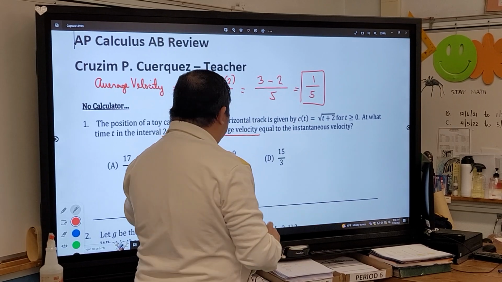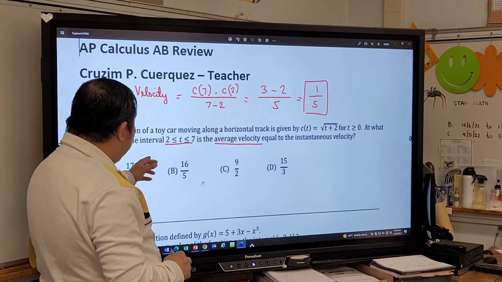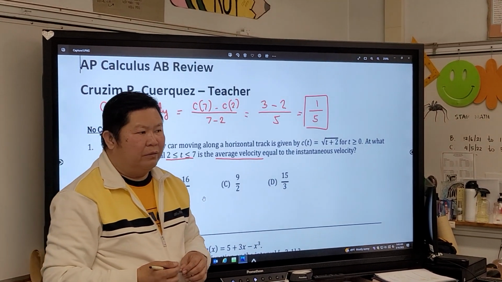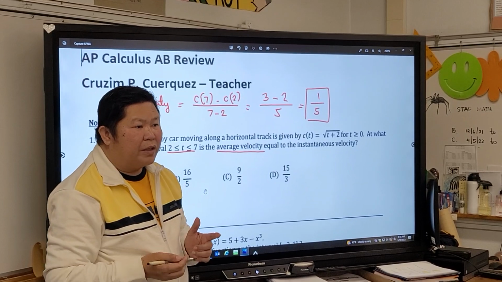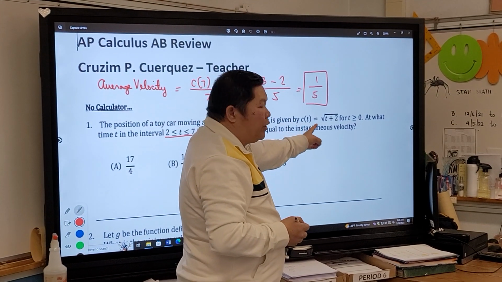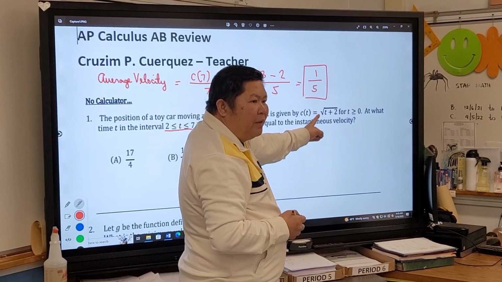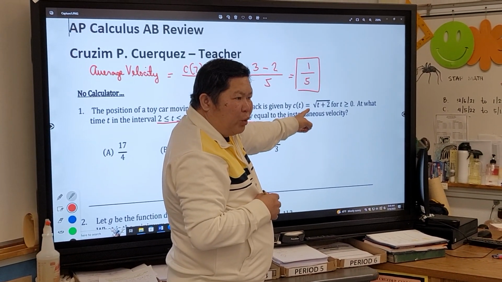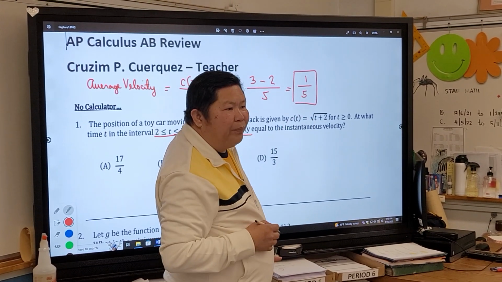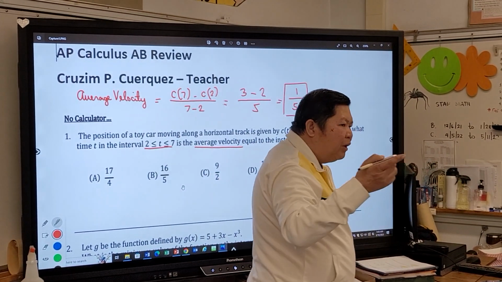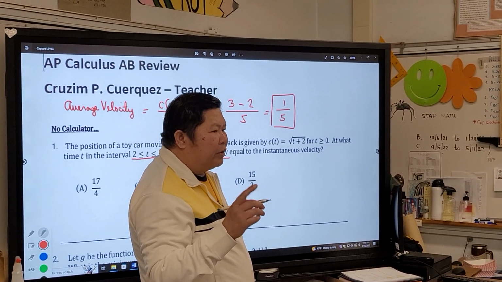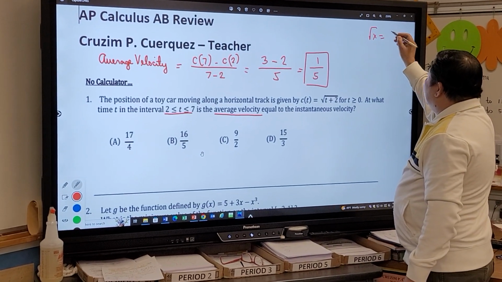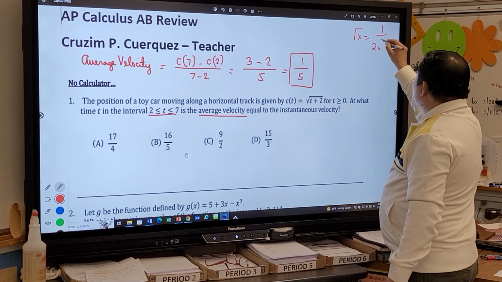This is the average velocity. And the question is equal to the instantaneous velocity. Therefore, what we do with this particular function, take the derivative. Very good. But you know, last time the shortcut for square root of x. Okay, very good. Say it loud. 1 over 2 square root of x. So if you come across a square root of x, the derivative is 1 over 2 times the square root of x.